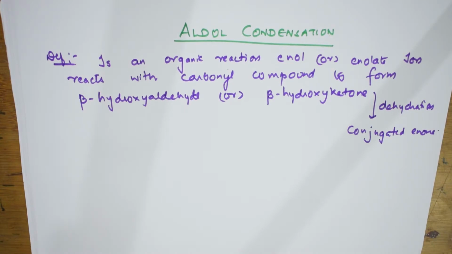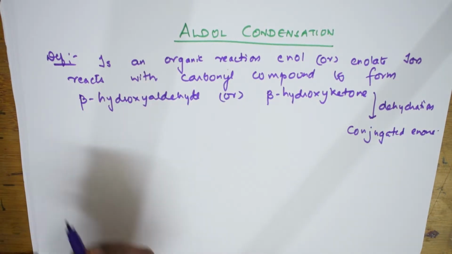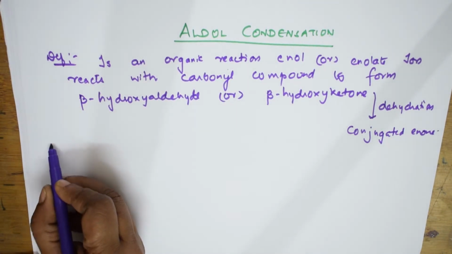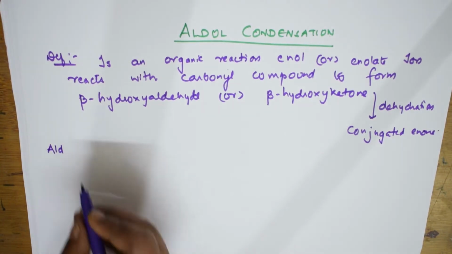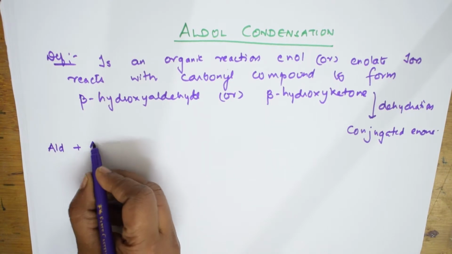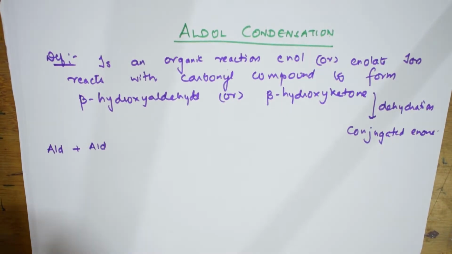Right, now let us simplify the terms then. When you are learning for your grade 12 CBSE, it is simple. Whenever we say aldol condensation, this is a bit complicated, but simplified, we say whenever an aldehyde, the functional group is CHO, when two aldehydes combine, right?